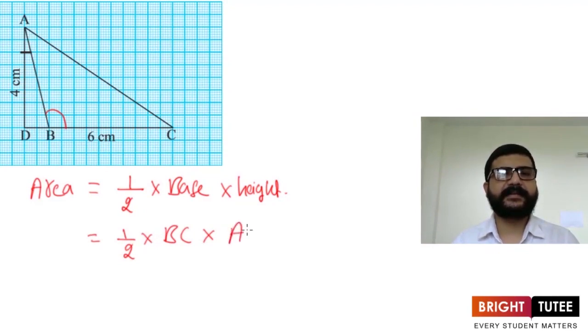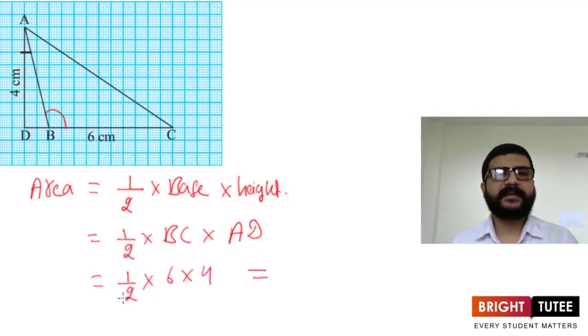Now this will be equal to half into BC, which is 6, into AD, which is 4. Now by simplifying this, we will get 6 into 2, 12. So area of this triangle ABC is 12 square centimeters.